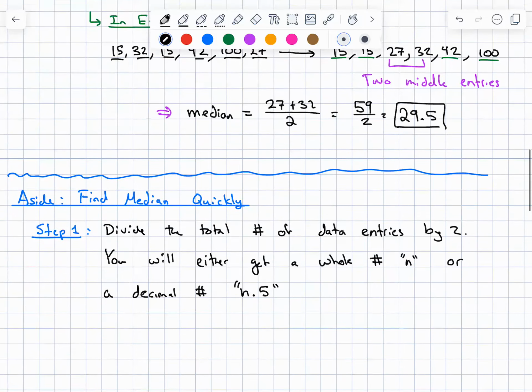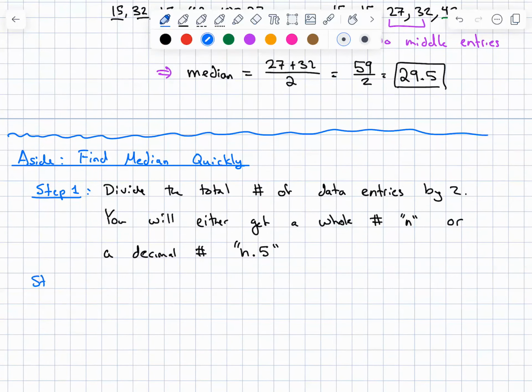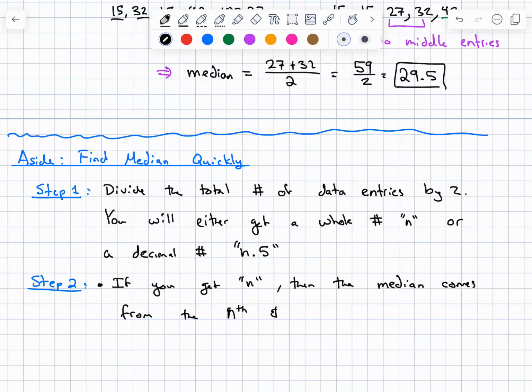So step 2 is where we figure out what the median is. It's in 2 parts. If you get n, then the median comes from the nth and n plus 1th entry. This will look really confusing right now, and I promise you, once we see it in the examples, it'll start to make sense.